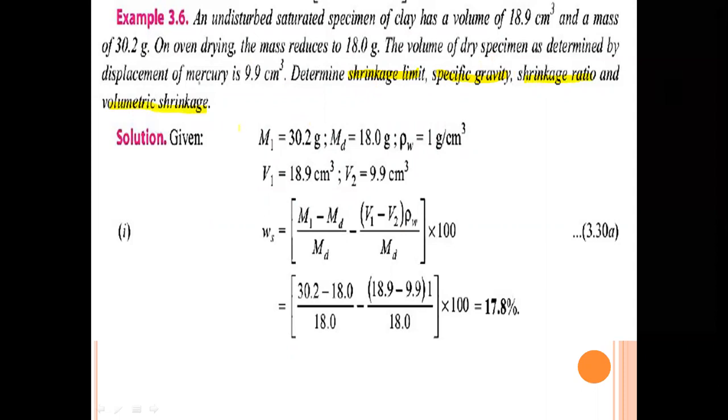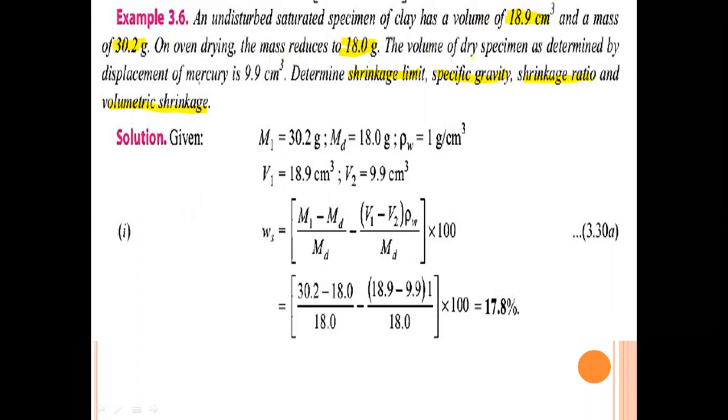So here in given data, undisturbed saturated specimen clay has volume 18.9 cm³ and mass 30.2 grams. And also on oven drying, the mass reduces to 18 grams.